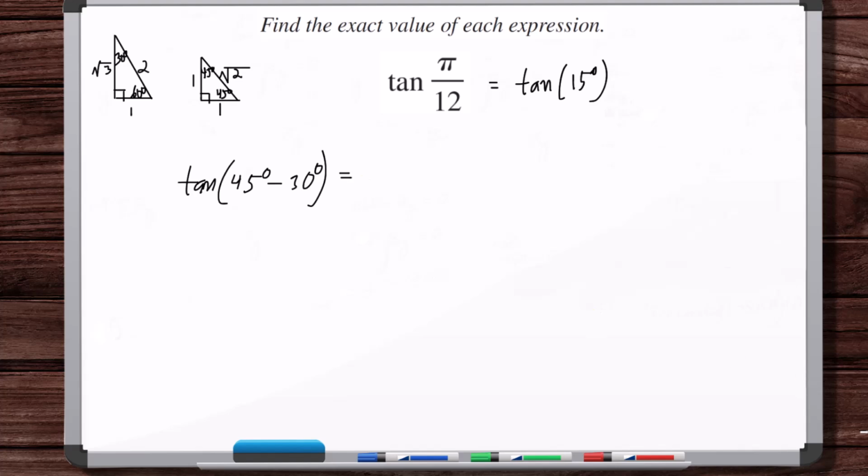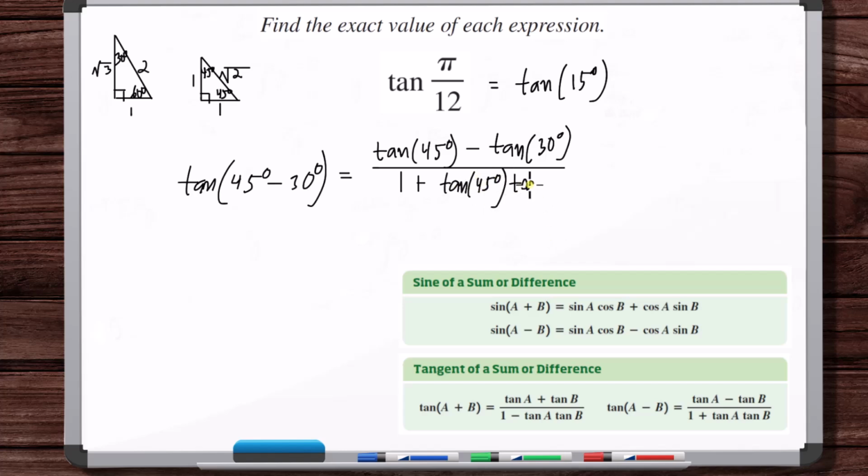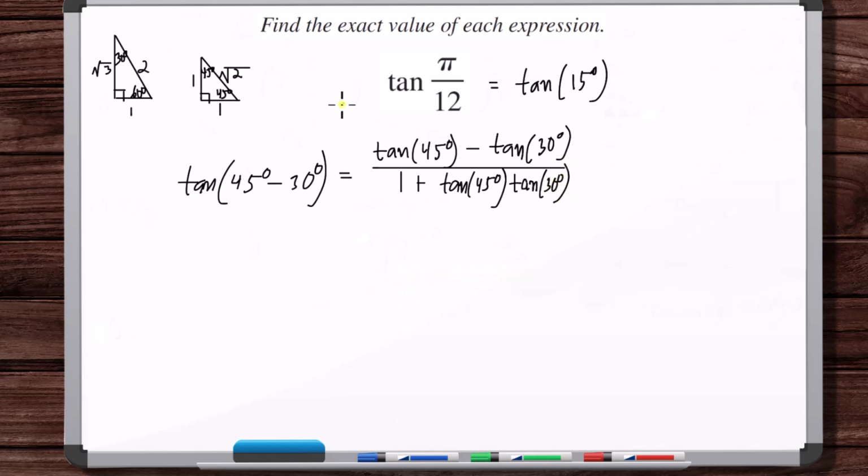So now using the difference formula for tangent, you've got tangent of 45 is 1.